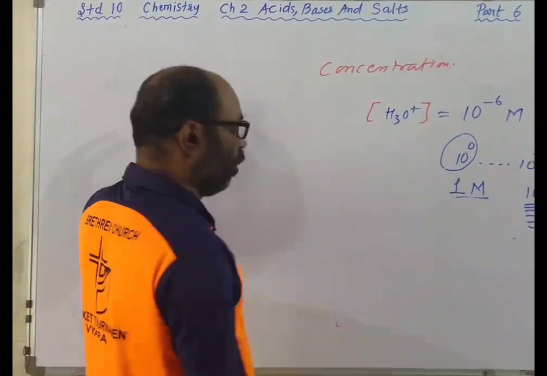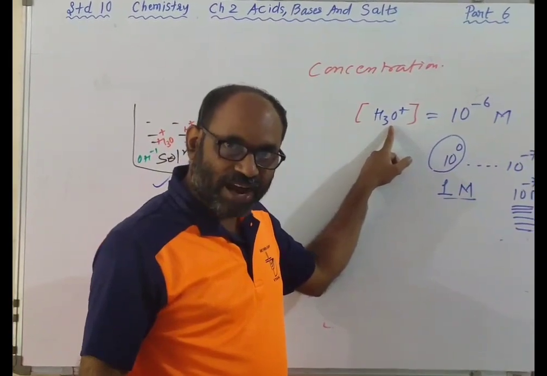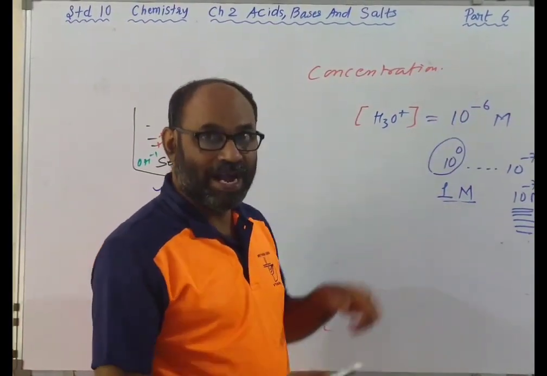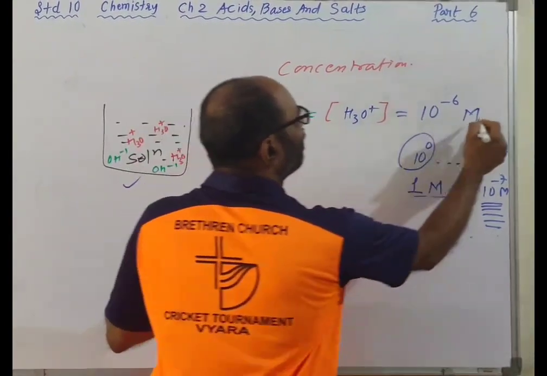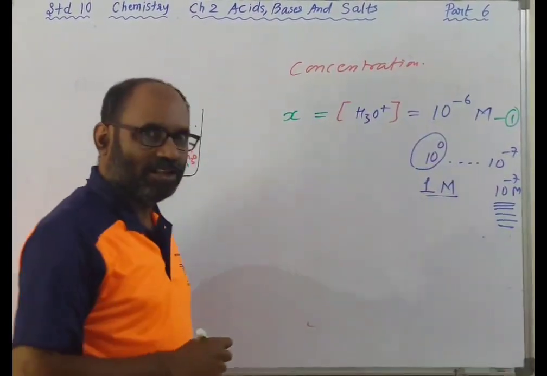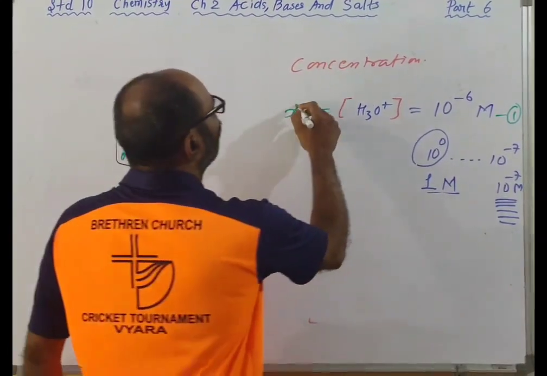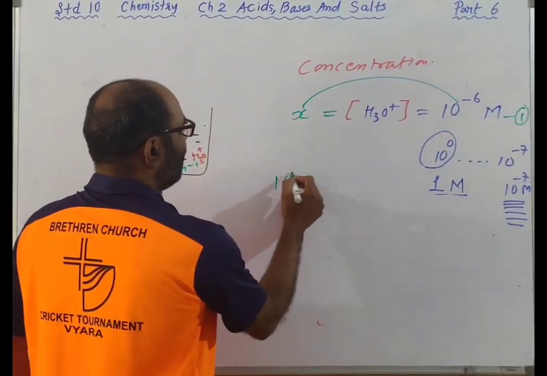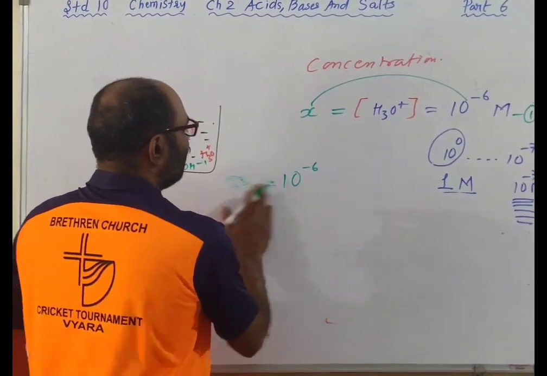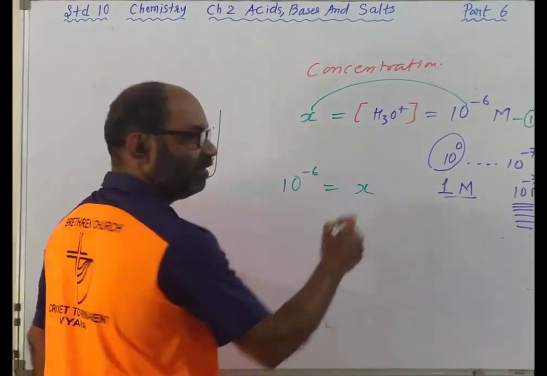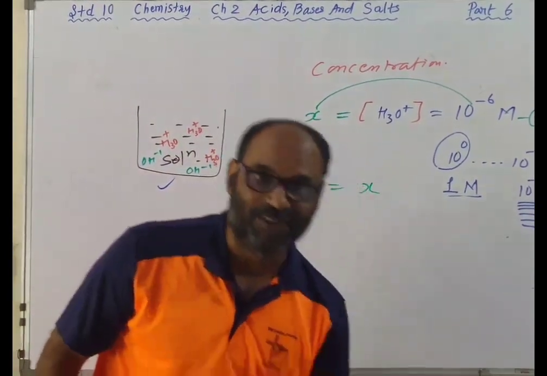Say suppose in this solution concentration of hydronium ion is equal to 10 raised to minus 6 molar, and that is equal to, let me say, x. Let me call this equation 1. तो ये दो को ले लो. 10 raised to minus 6 is equal to x. This is exponential form.